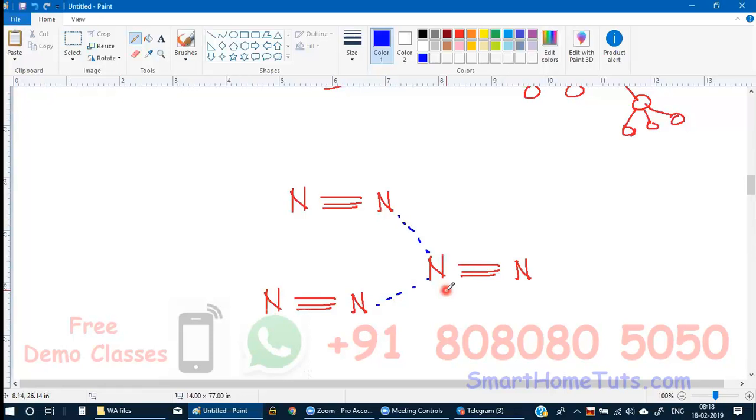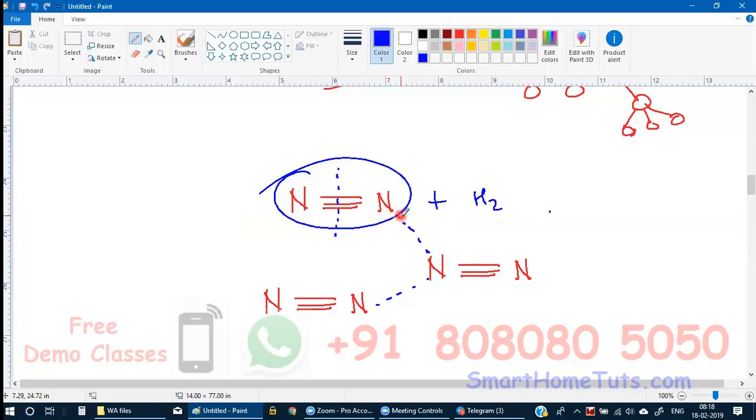But if nitrogen has to react with hydrogen, N2 plus H2, then the bond between the two nitrogen atoms is very strong. So I require a large amount of energy to separate these two N. This is not intermolecular force. It is the force of attraction between two atoms in the same molecule.